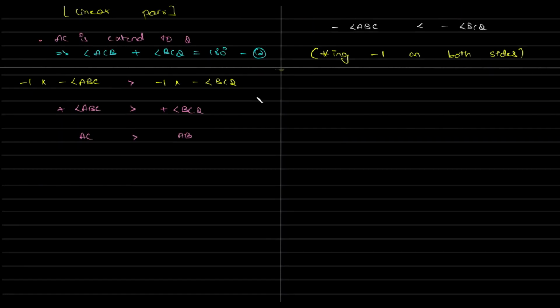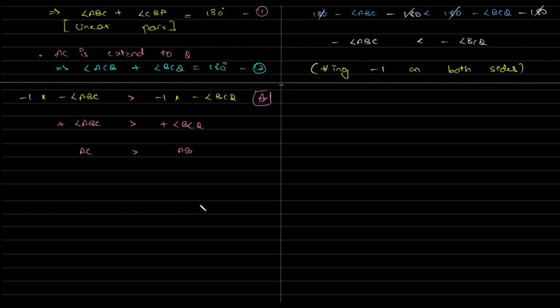So we have proved it. We need to write the statement. The confusing part is over here: when we multiply by a negative, the sign flips. Why is that? I'll explain that.